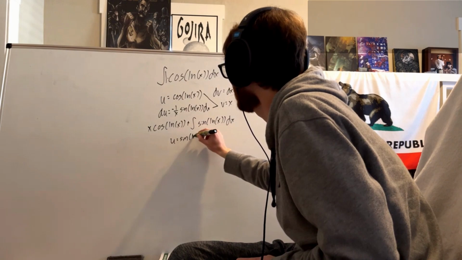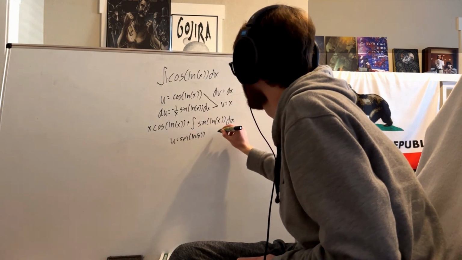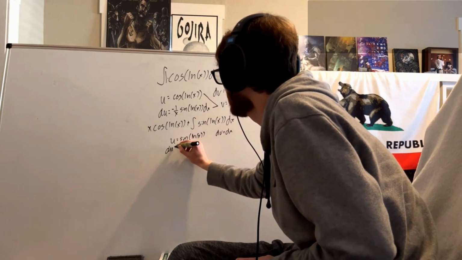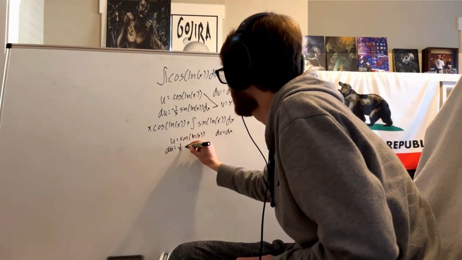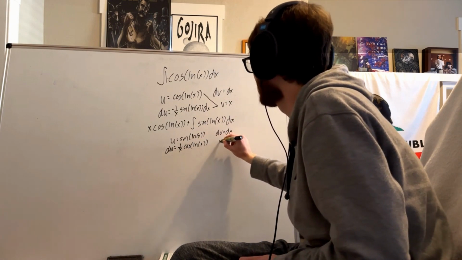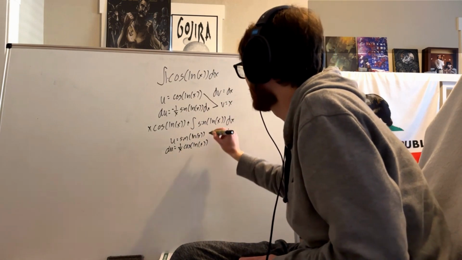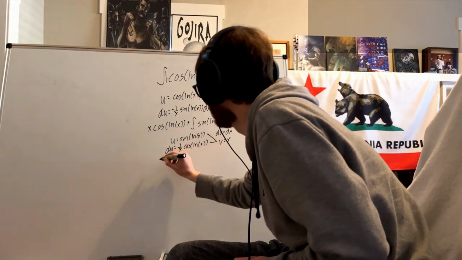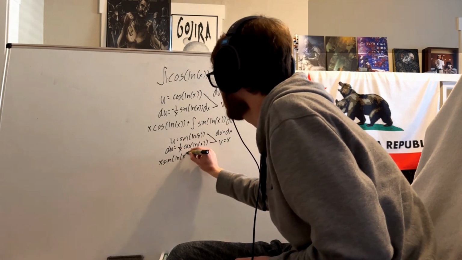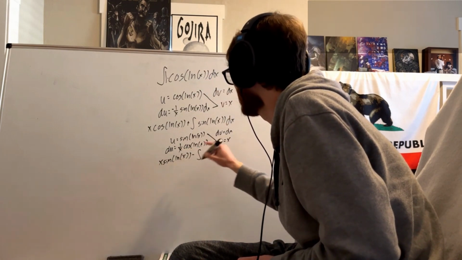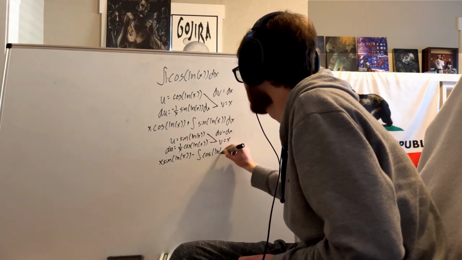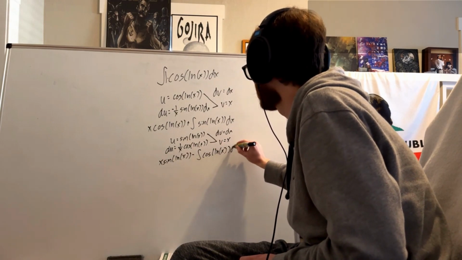U equals sine of ln of x, dv is dx. du is 1 over x, no negative sign this time, cosine ln x. V equals x. uv minus v du: x sine ln x minus, the x's cancel, the integral of cosine of ln of x dx.